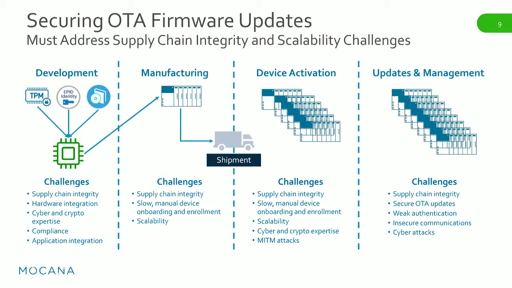Right. So the supply chain integrity really starts with the first-time onboarding of the device, where the device has some kind of silicon-based root of trust or software or firmware-based root of trust at the development stage. Then through the manufacturing process, that gets onto an OEM platform and then gets shipped to the end user, where the device is activated for the first time.